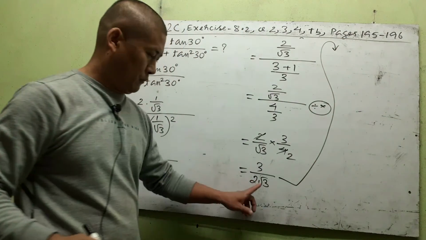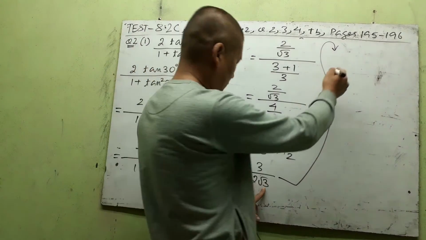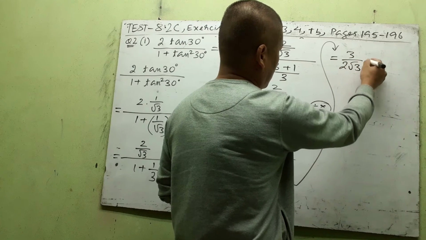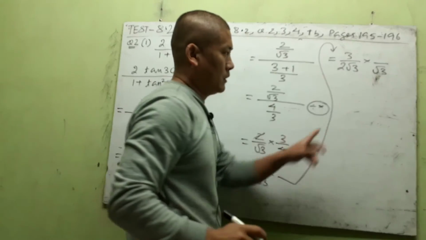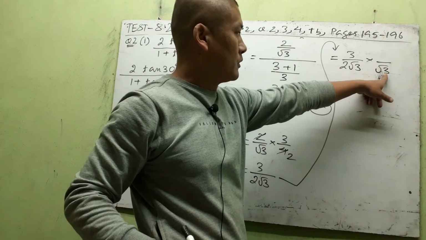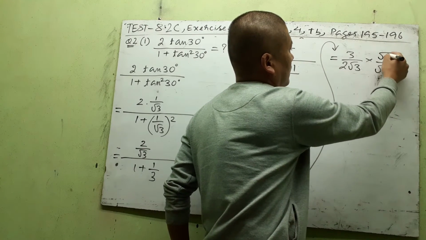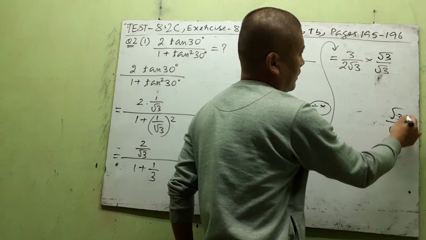Now when we have an irrational number like this in the denominator, we have to rationalize it. So normally, 3 by 2 root 3. To remove this root 3, we have to multiply by the same. Then root 3 into root 3 will get the root removed. So whatever we put here, we have to put here, so that root 3 by root 3 is, we know, 1.